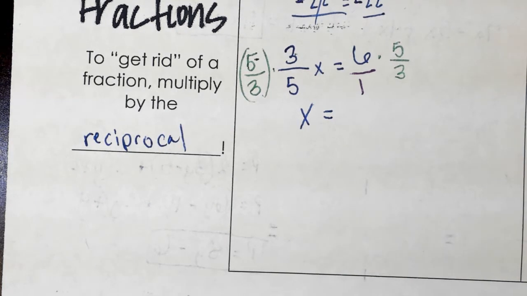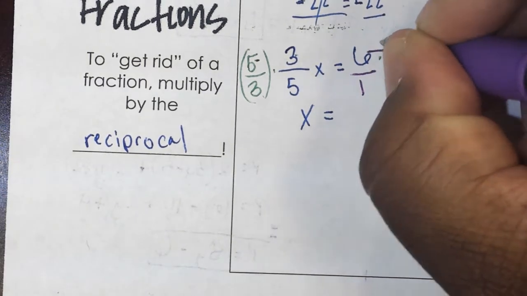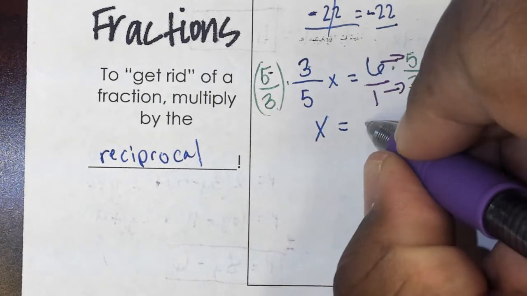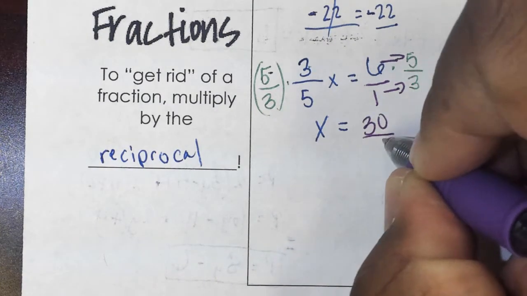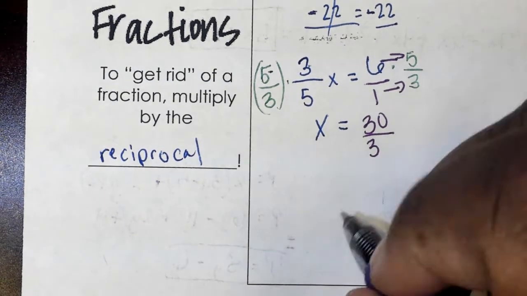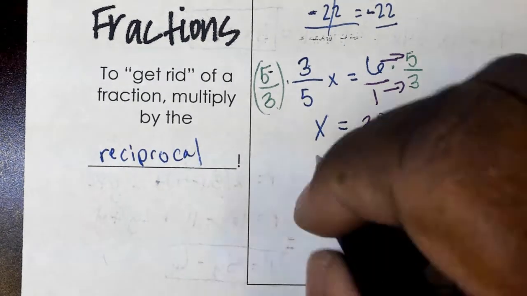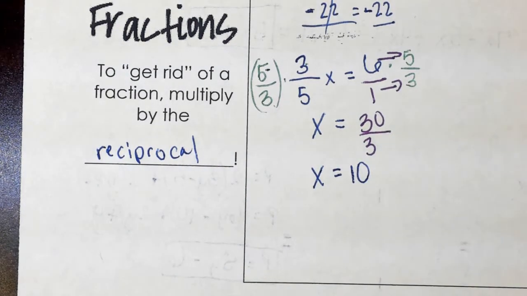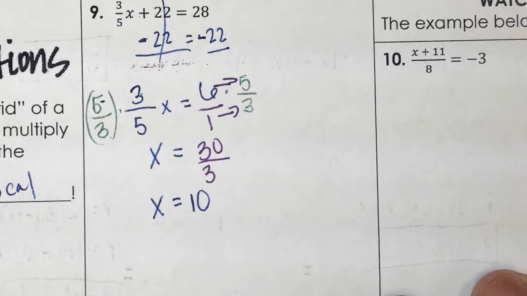Then it's 6 over 1 times 5 over 3. When you multiply, you just go straight across, top and bottom. So 30 over 3 reduces down to 10. 3 goes into 30 ten times. That's one option, doing the reciprocal route.